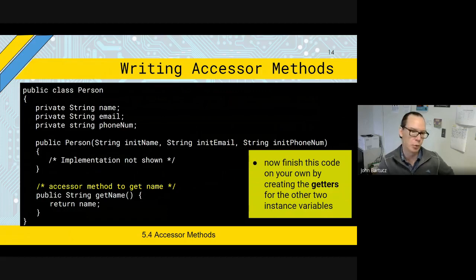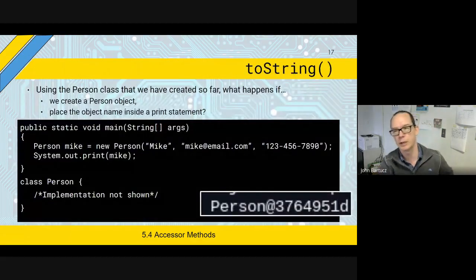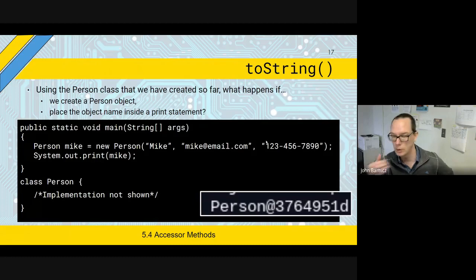And if we just had this class definition right now, Java doesn't know how to print it out. It doesn't know what information to print. It doesn't know, like, what order to print it in. It would do something really weird if we tried to print out a person object. So whenever we create objects, we very often want to have something called a toString method. And the yellow bar at the top here is how it's spelled.